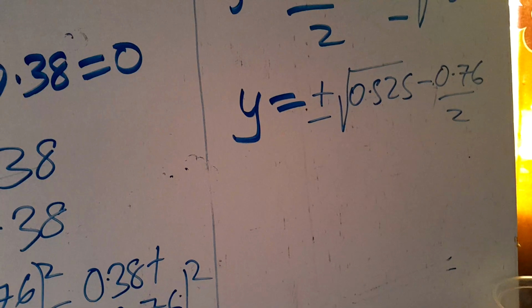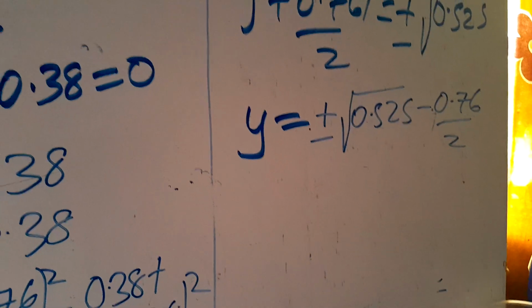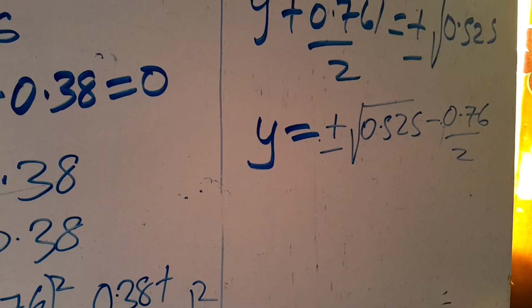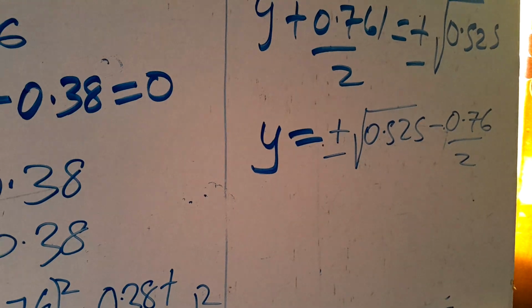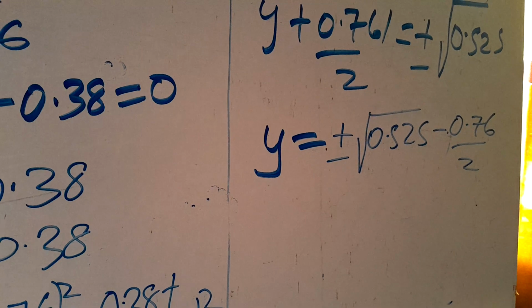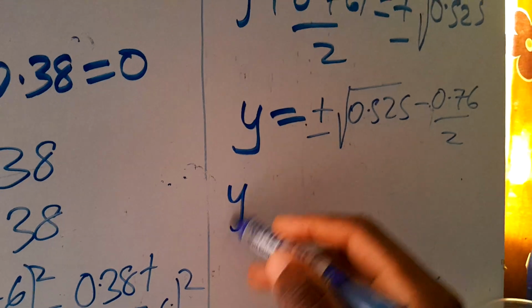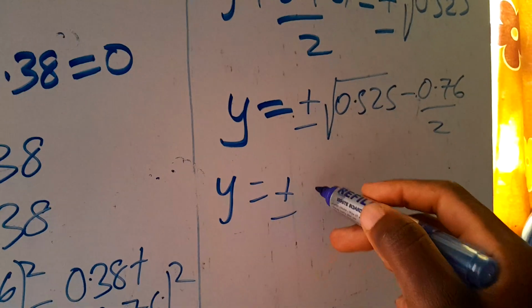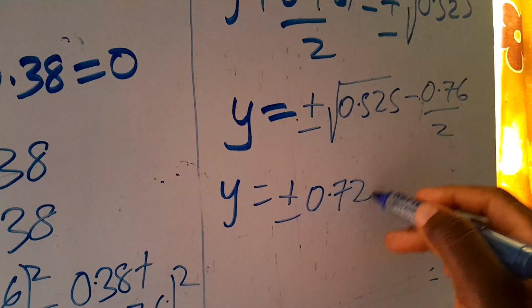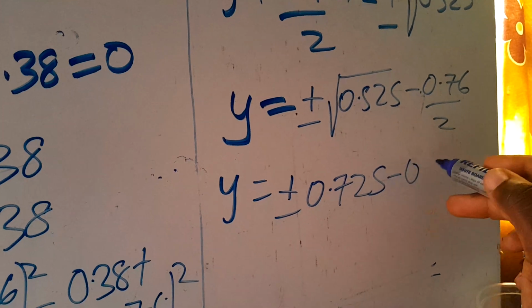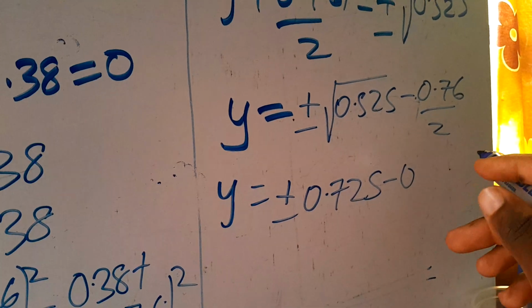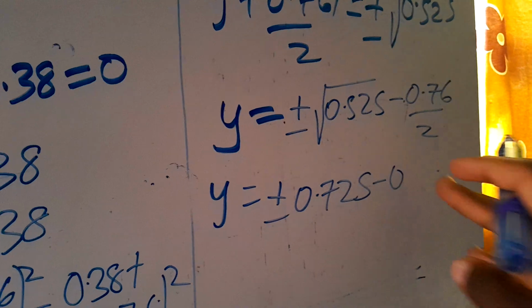Now, what is the square root of 0.525? It is equal to 0.725. Now y is equal to plus or minus 0.725 minus 0.761 divided by 2.